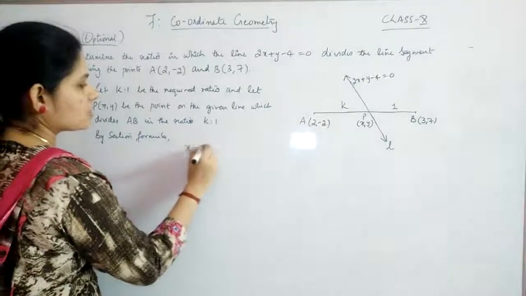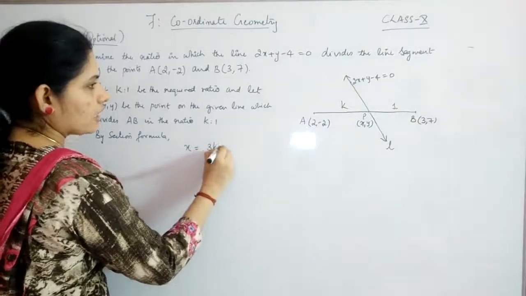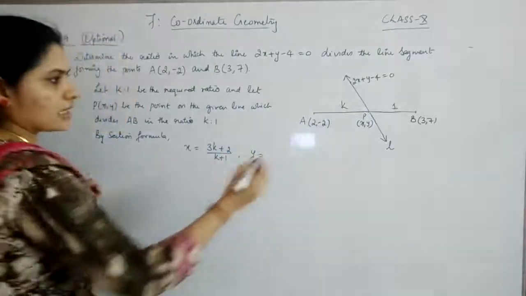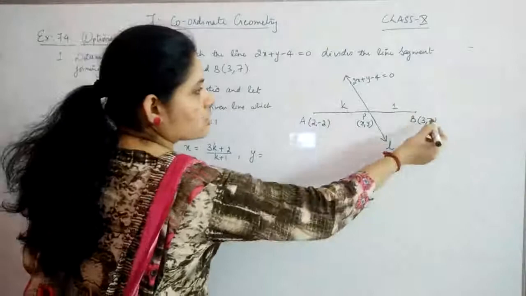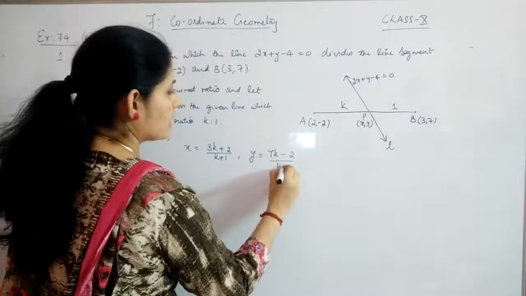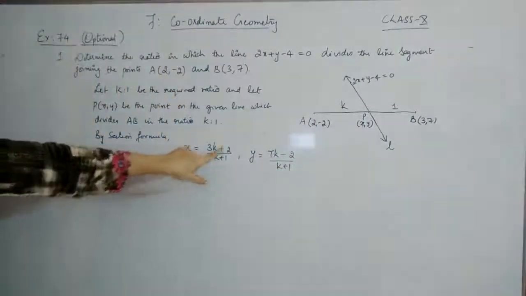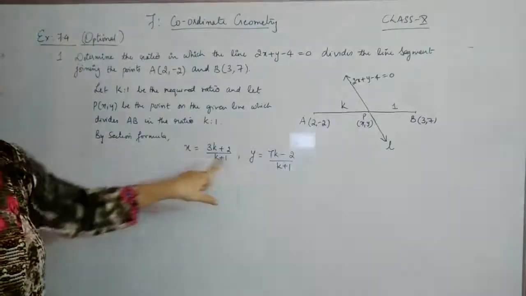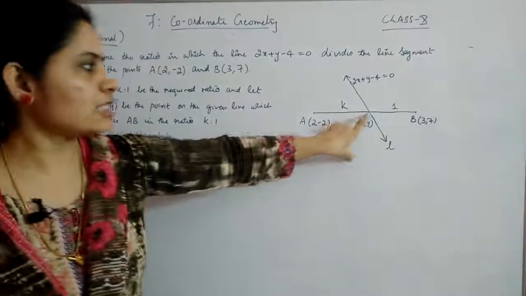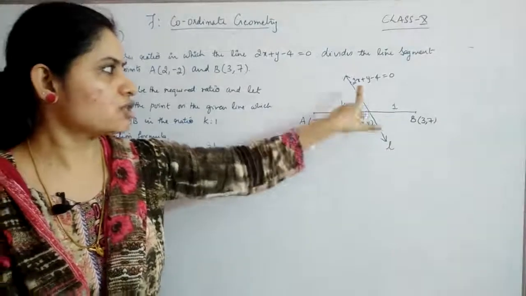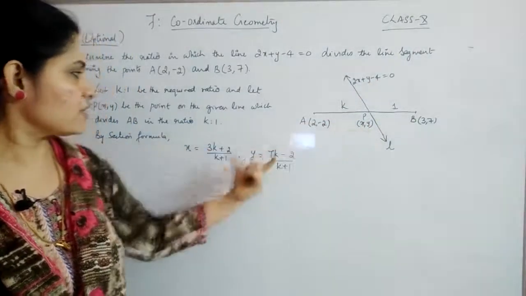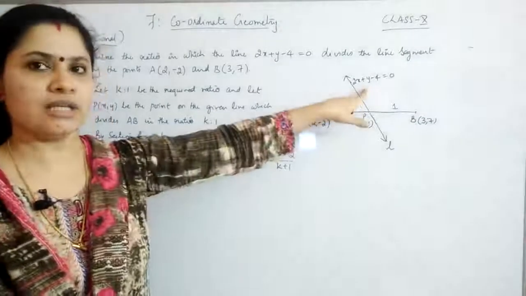So x is equal to (3k plus 2) divided by (k plus 1), and your y, the second coordinate, will be (k into 7 plus 1 into minus 2) divided by (k plus 1), that is (7k minus 2) by (k plus 1). Now this point P, whose coordinates are (3k plus 2) by (k plus 1) and (7k minus 2) by (k plus 1), lies on the line 2x plus y minus 4 equal to 0 also. The meaning is the point (x, y) which you have got in terms of k will satisfy the given equation of the line.